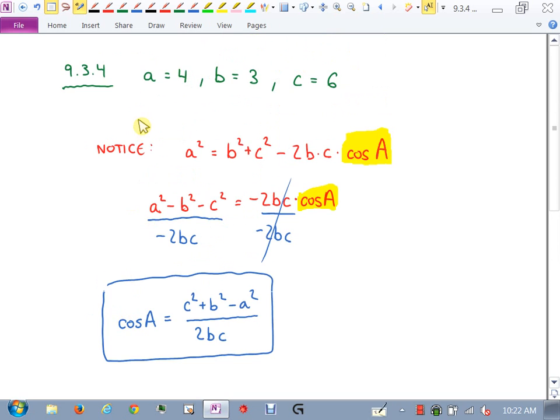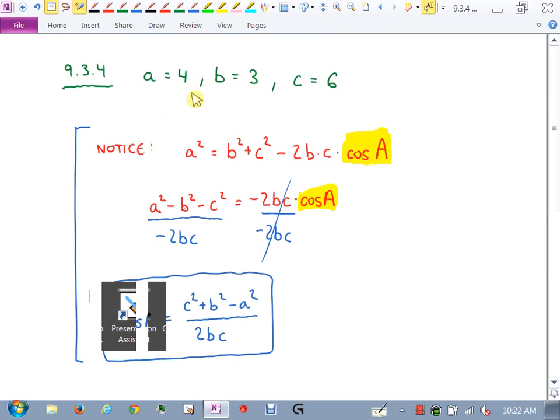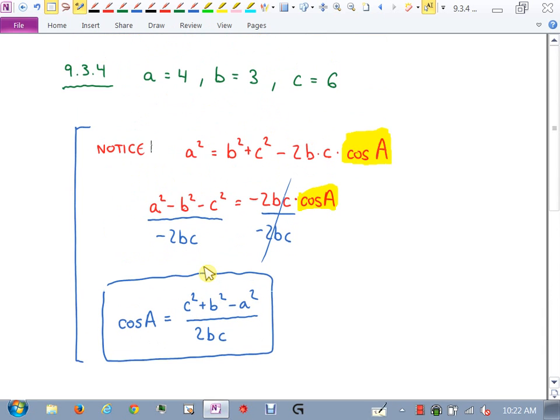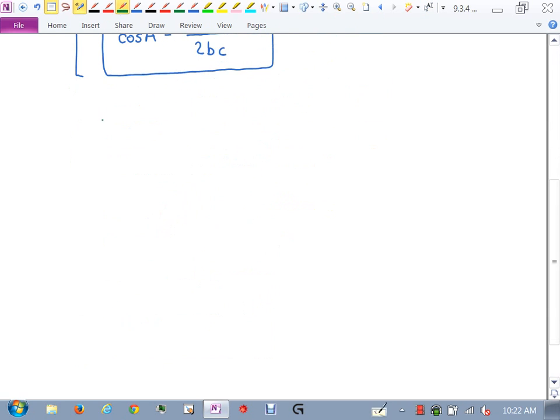So let's go back to this now. Let's go try and figure out this triangle, all right? So a is 4, b is 3, c is 6. So what would you like to find? We can find any of the angles. How about capital A?